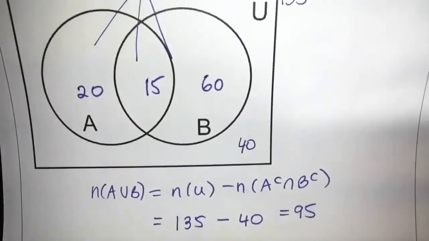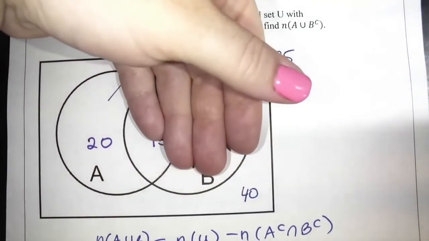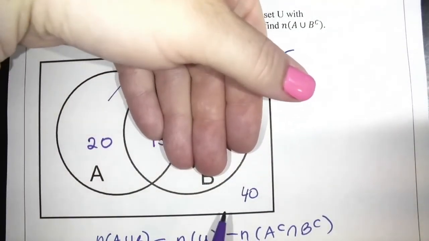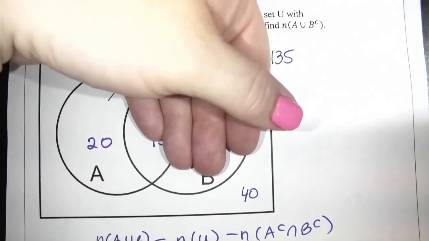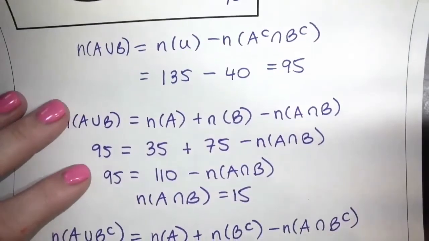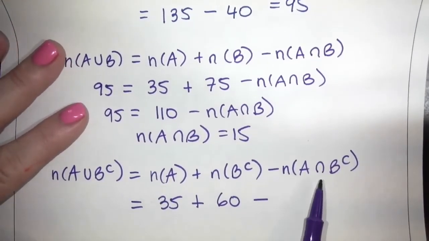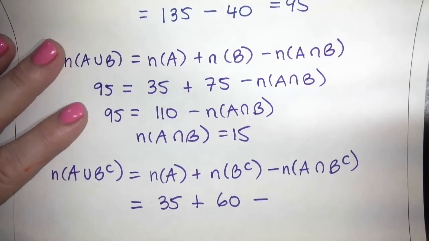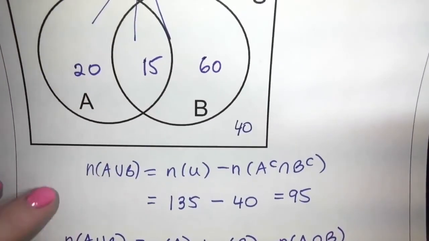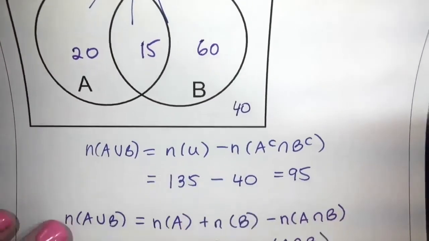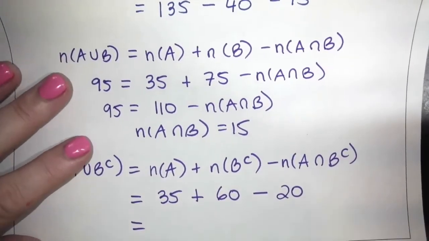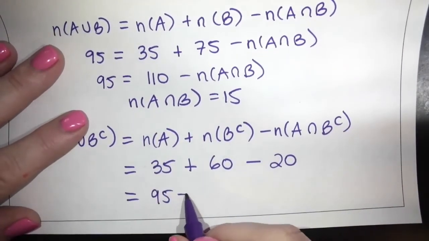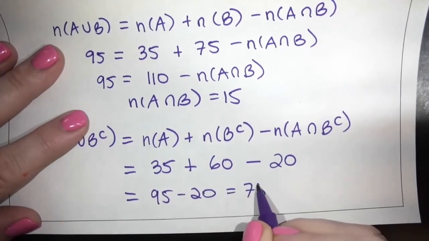Number not in B, let's look at our picture. There's all of B. So not in B here would be the 40 on the outside plus the 20 over here. So not B would be 40 and 20 is 60. Minus in A and not in B. In A and not in B would be this 20 right here. So we've got 35 plus 60, so 95 minus 20 would be 75.